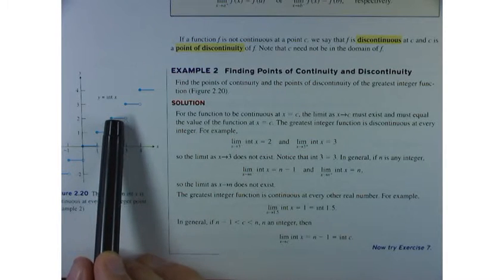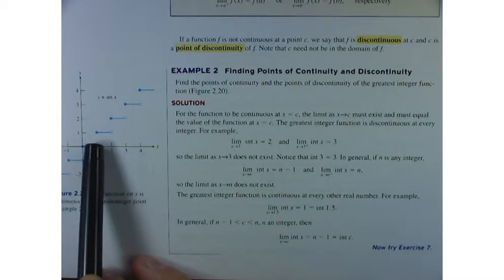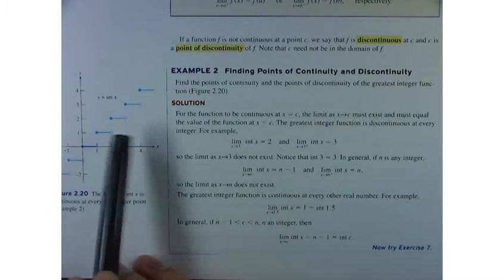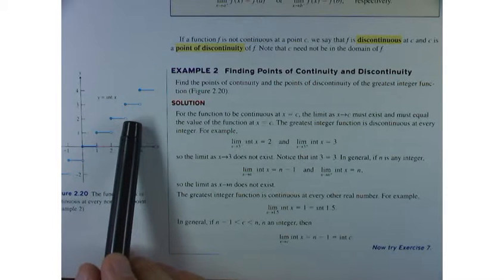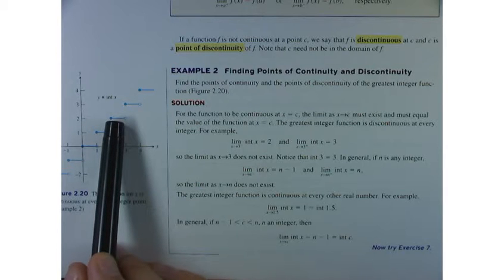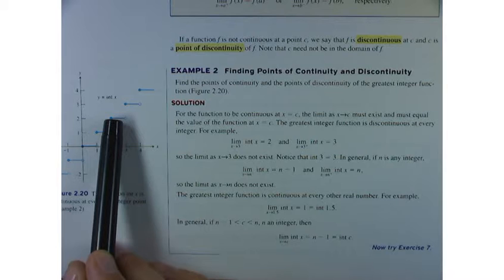But what does it approach from the left? It approaches 1 from the left. And if I were to approach from the other way, we get the same thing. As I approach 2 from this side, the limit and the function are the same value. However, I don't have a two-sided limit, I only have a one-sided limit.